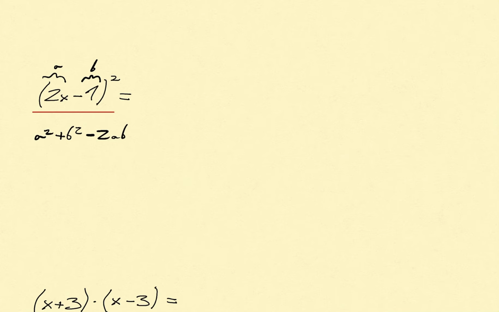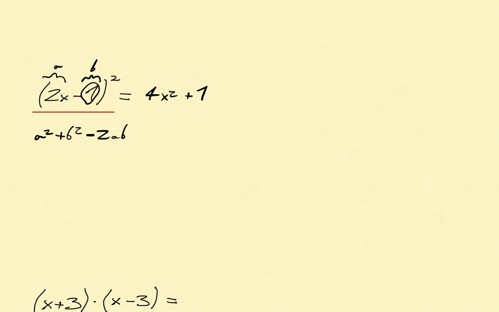And so what we will get from here is 2x squared, which is going to be 4x squared. Then plus 1, because it's just b squared, which is 1 squared, which is 1. And then minus 2 times 2x times 1. Now, not times minus 1. This is b, this is a. b is not minus 1, it's simply 1.